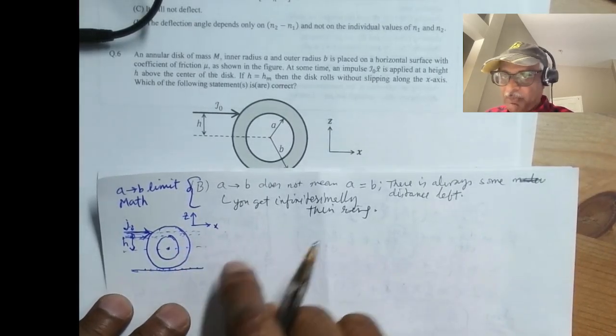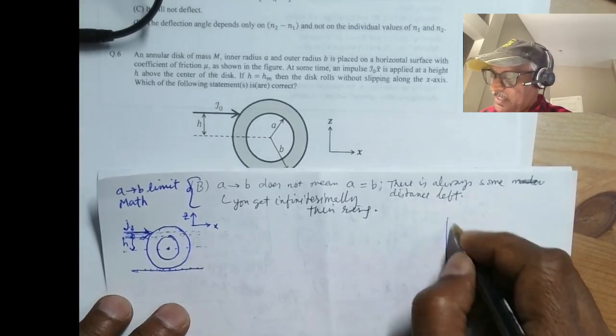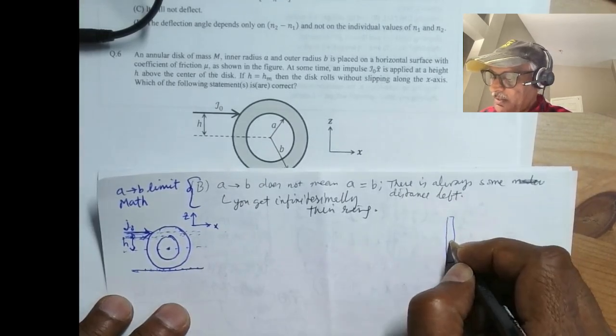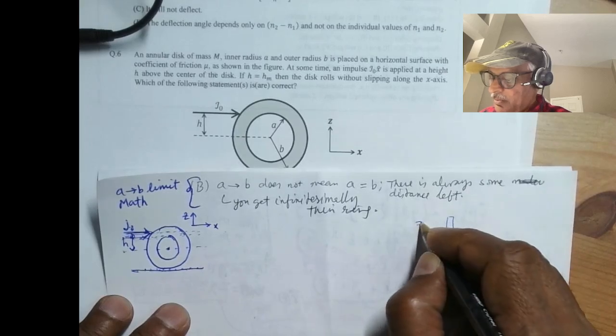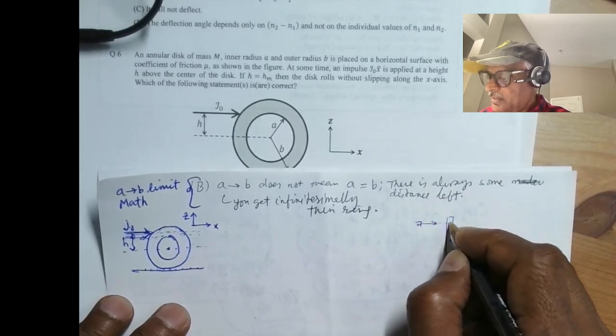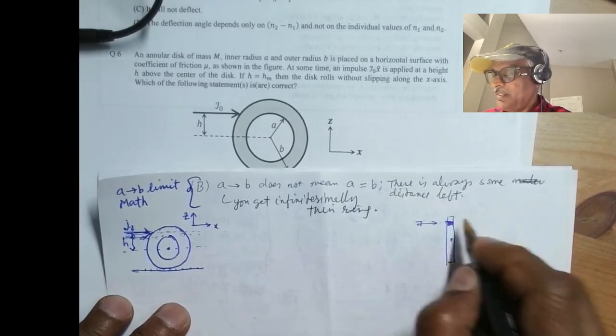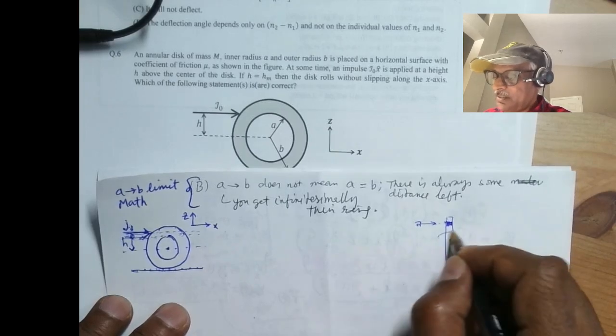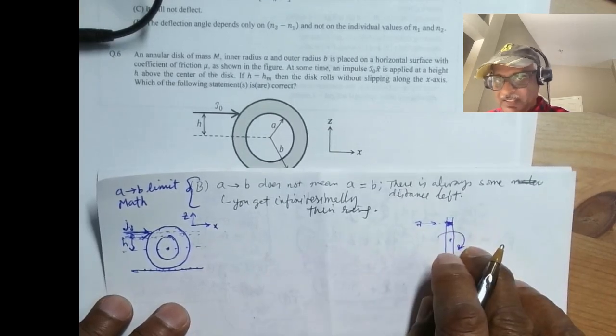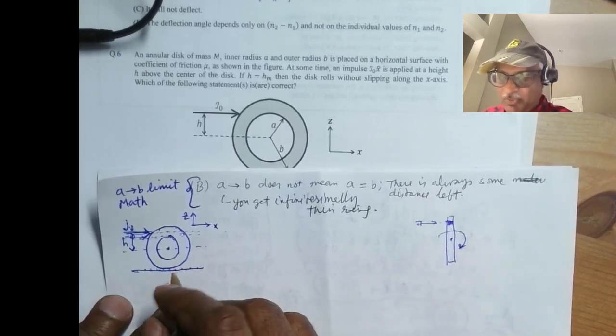You may have done problems like this, where you have a rod and a bullet hits here and just lodges itself, and the question is how it will rotate. You've done problems like that, right? So it's that kind of problem.